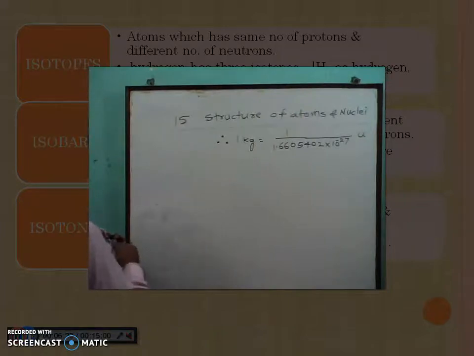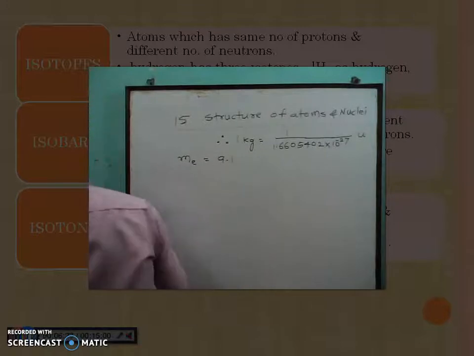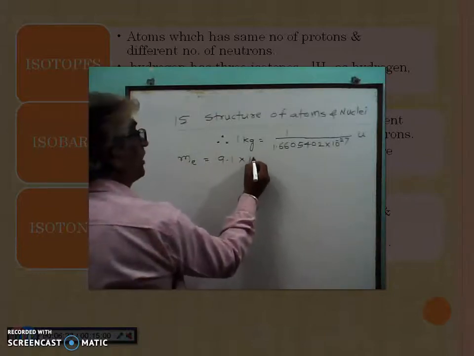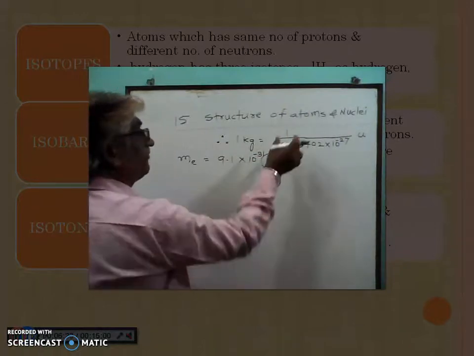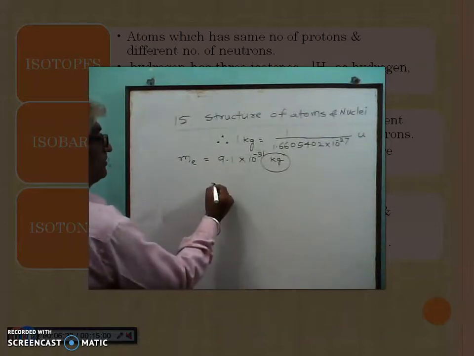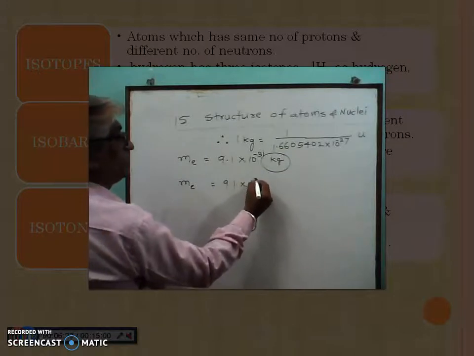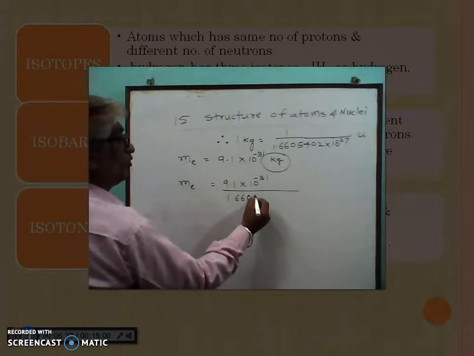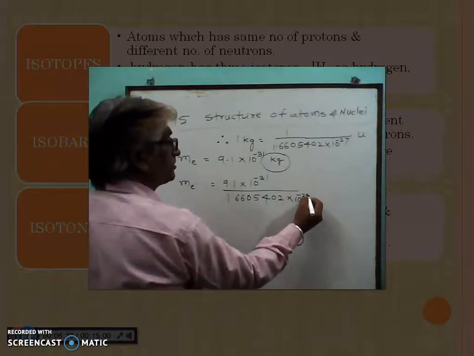If we substitute the value in mass of electron, we know that mass of electron is 9.1 into 10 to the power minus 31 kg. If we substitute the value of kg, mass of electron will be 9.1 into 10 to the power minus 31 upon 1.660540 into 10 to the power minus 27.